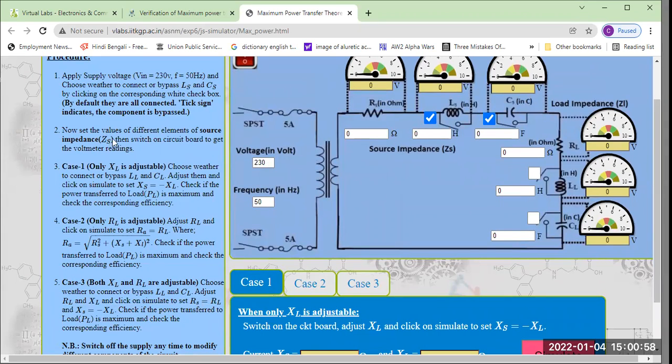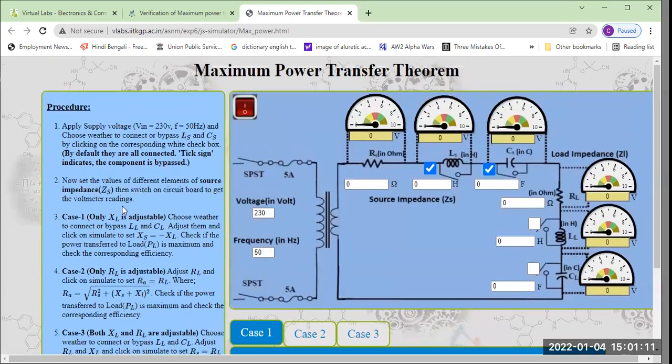Now set the value of the different element of source impedance ZS when switch on the circuit board to get the voltmeter reading. Okay, just read again. Now set the value of the different element of source impedance ZS and then switch on the circuit to get the voltmeter reading.